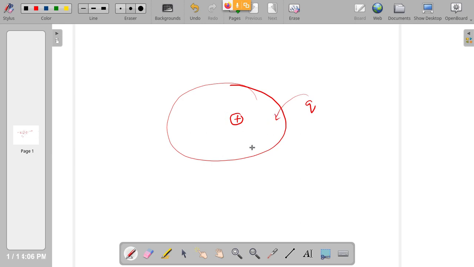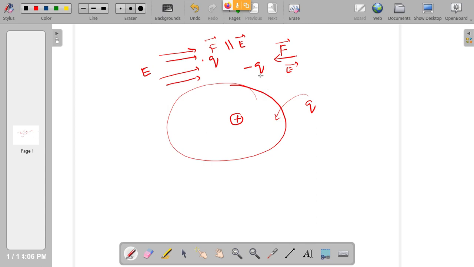Based on that, we had a discussion yesterday where I told that the direction of the force on a positive charge q in an electric field E is along the direction of the field. So F and E are parallel for a positive charge. If the charge is negative, then the direction of the force is opposite, that is anti-parallel to the direction of the electric field.